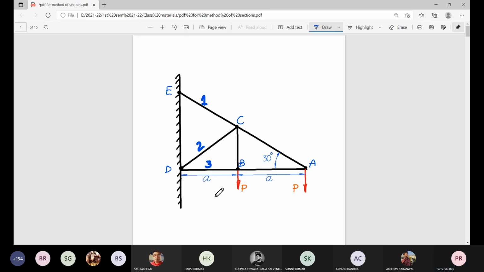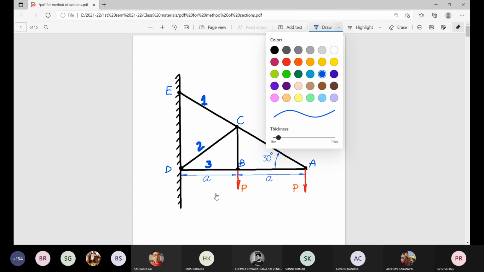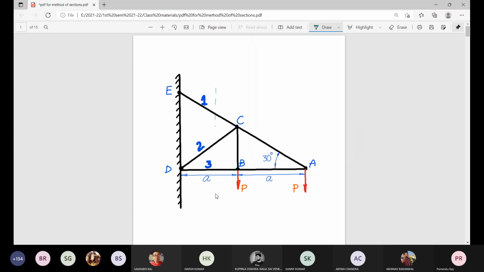Now can you find a dashed line there? Yes, sir.